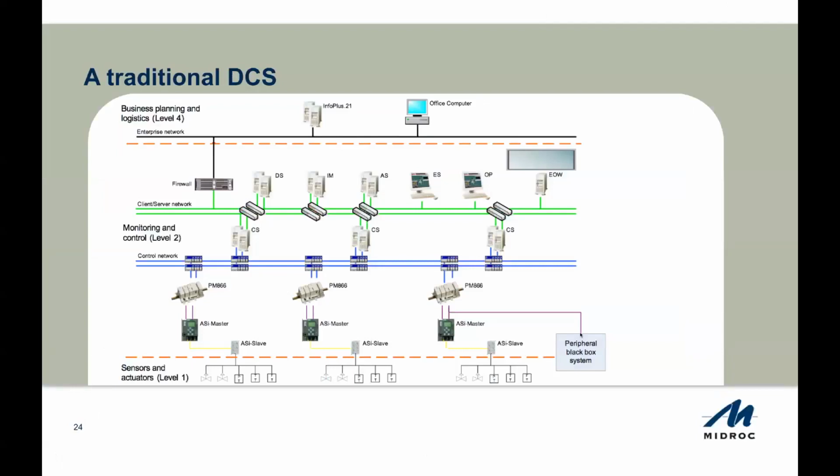Just to give you an example, we did some of this work together with a couple of companies. These are slides from Midrock, an integration company that operates mainly in Europe. So this is a SCADA DCS system taken from a mining company, LKAB.